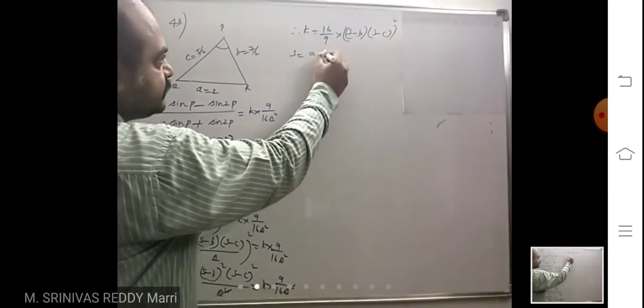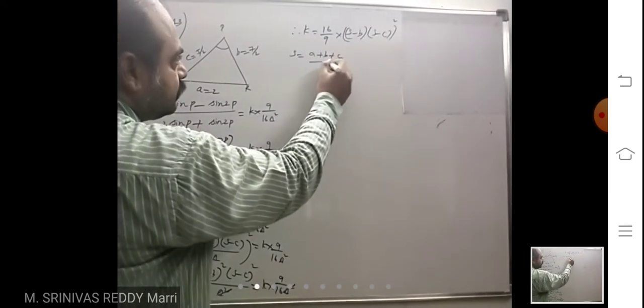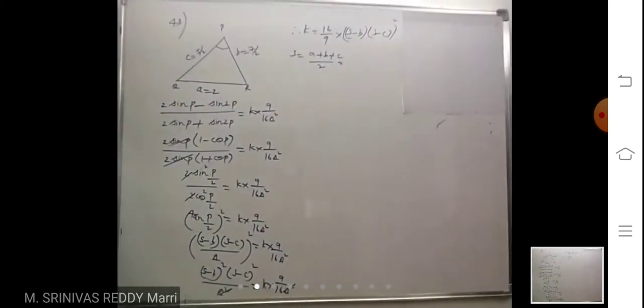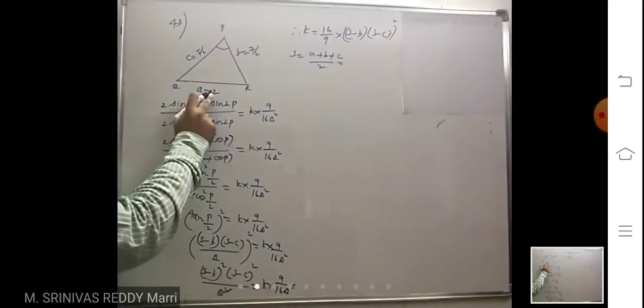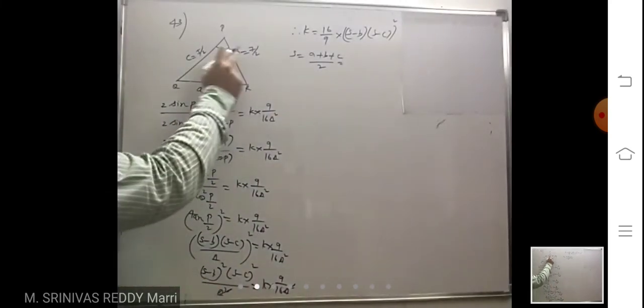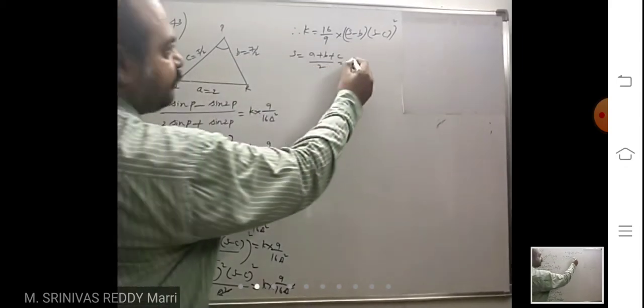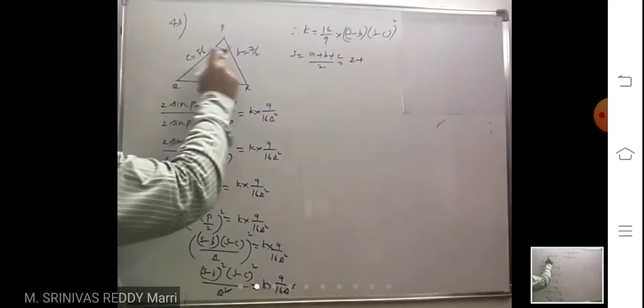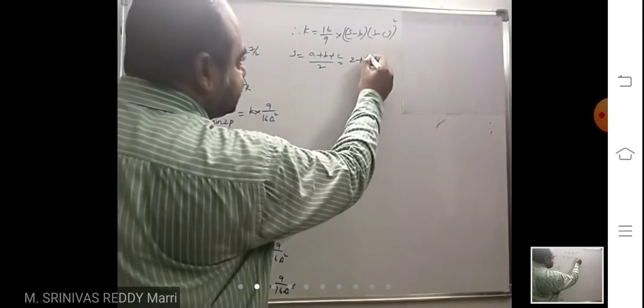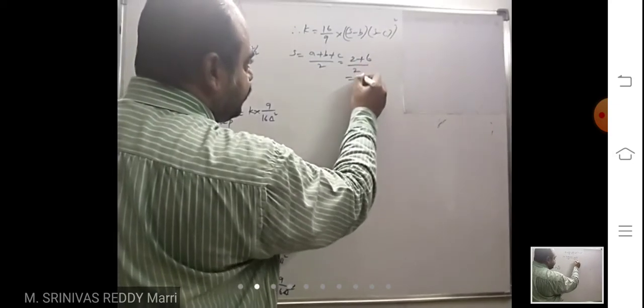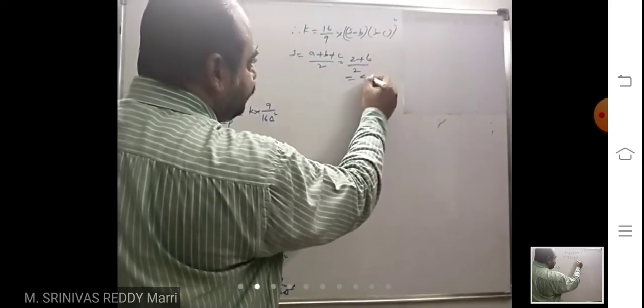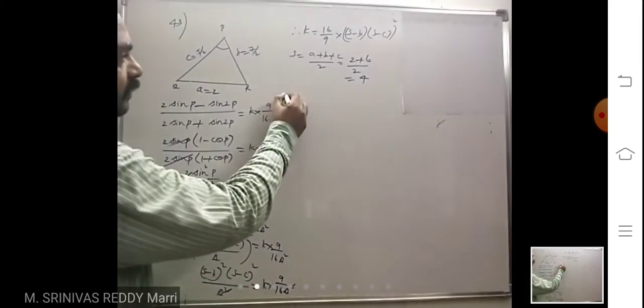A plus B plus C by 2. So A plus B plus C by 2 means, look at, 2 plus 7 by 2 plus 5 by 2. That means 8 divided by 2, so S is 4.